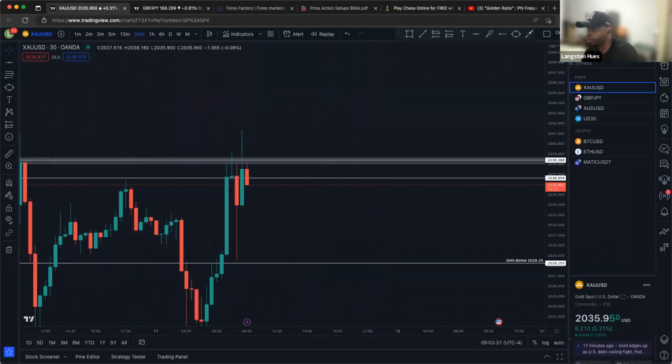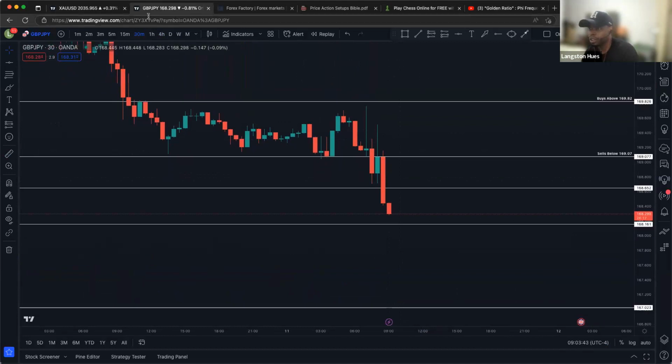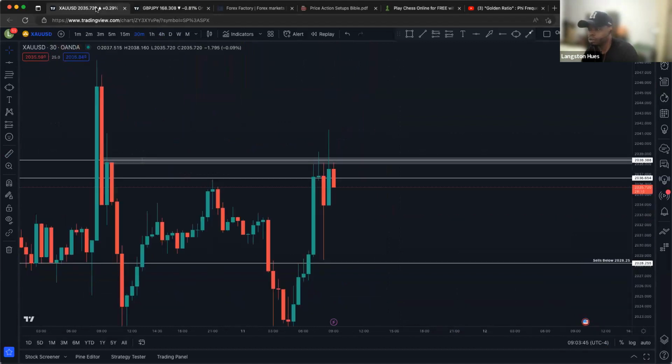So GJ still pushing down. 20 pips. Nice.